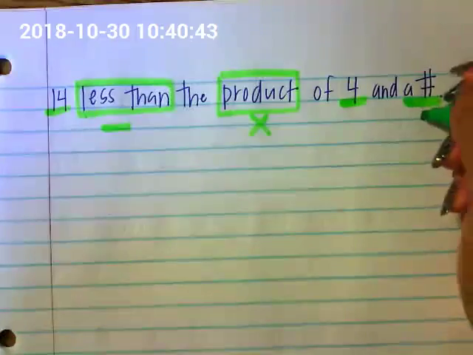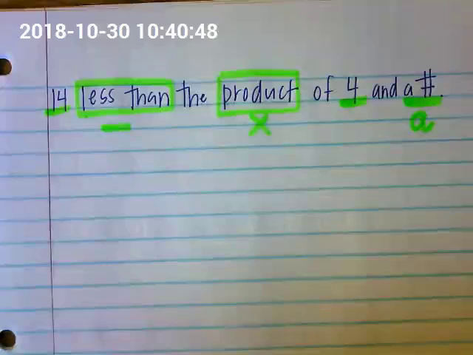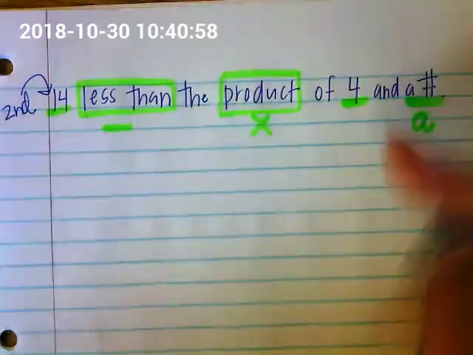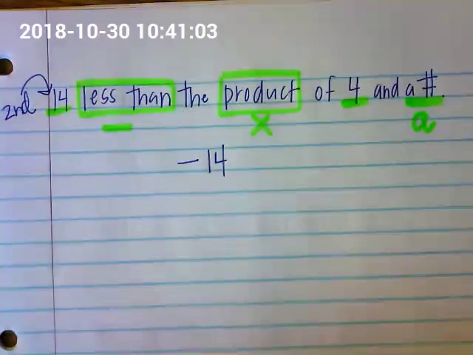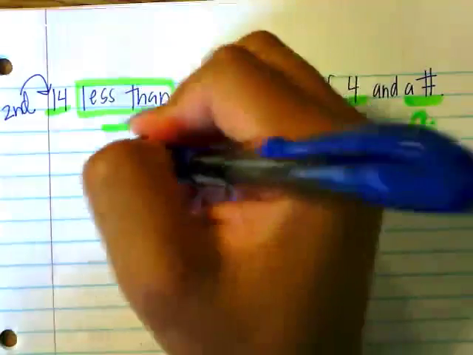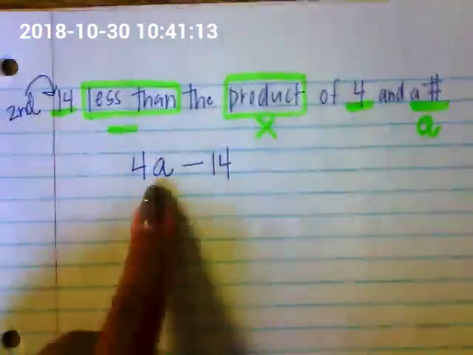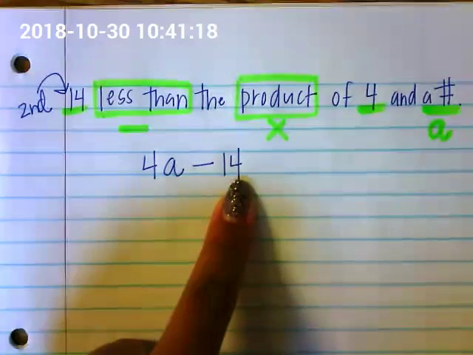A. All right. So 14 is going to go second because it is less than whatever this is. So I'm going to be subtracting 14. And the product of 4 and a number is going to be what? 4 times A. So 4A minus 14. So there goes our product of a number and 4. And this is less than 14.